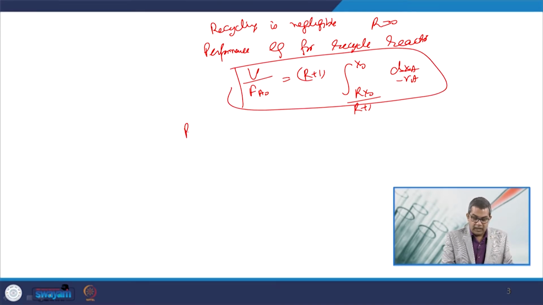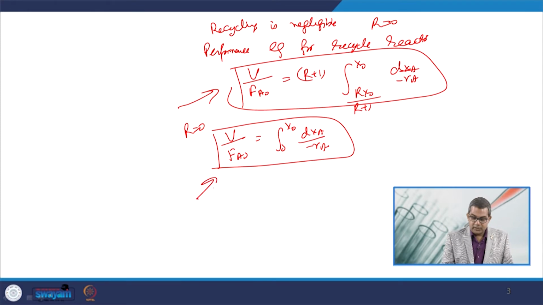Now, if we put R equal to 0 in this equation, then it becomes V upon Fa naught equals integral from 0 to x dxa upon minus Ra. Now, this is the performance equation for PFR.